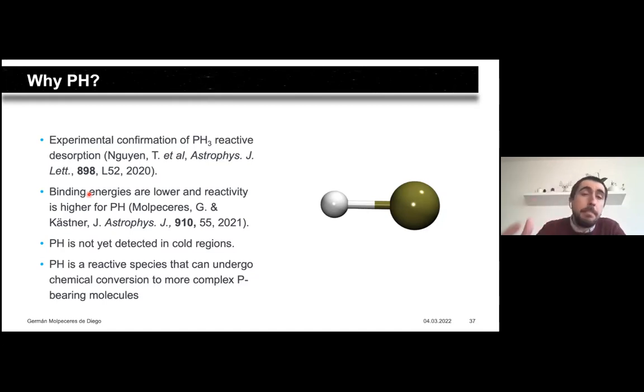And since the PH molecule experiences lower binding energies and a higher reactivity, it is expected that this molecule will also experience a higher degree of chemical desorption, which is very important because PH is not yet detected in cold regions, and PH is very, very reactive. So it can undergo chemical conversion to other phosphorus-bearing molecules. So understanding the fate of this molecule in space is fundamental in order to uncover how phosphorus evolved in it.